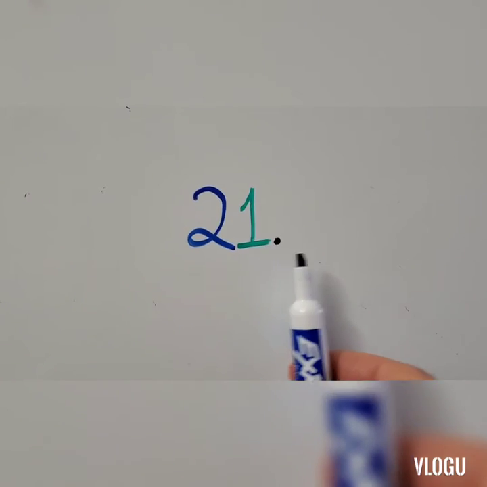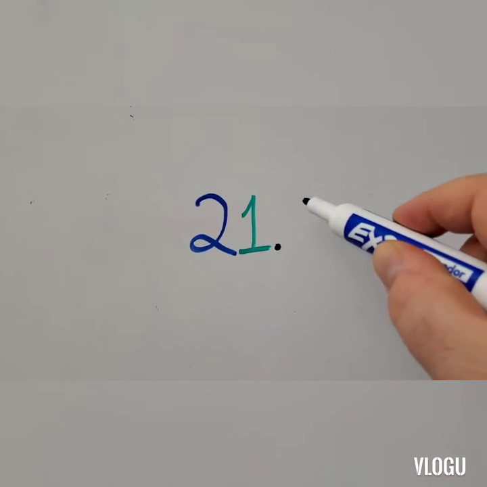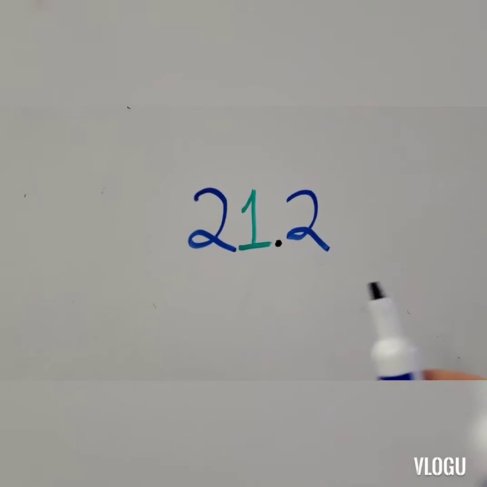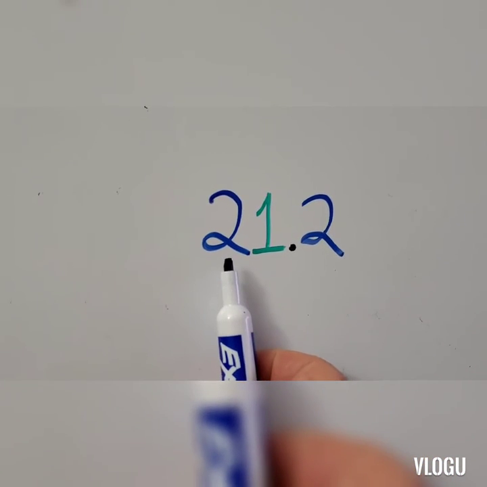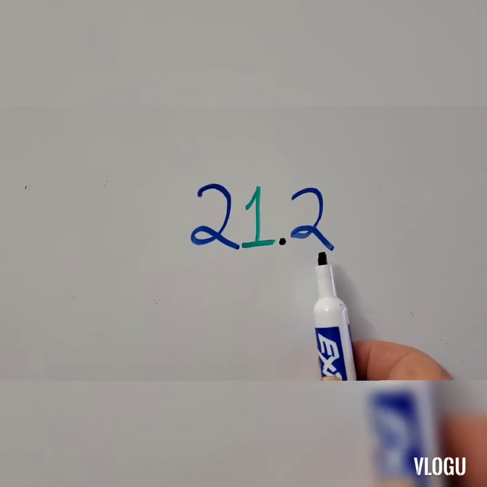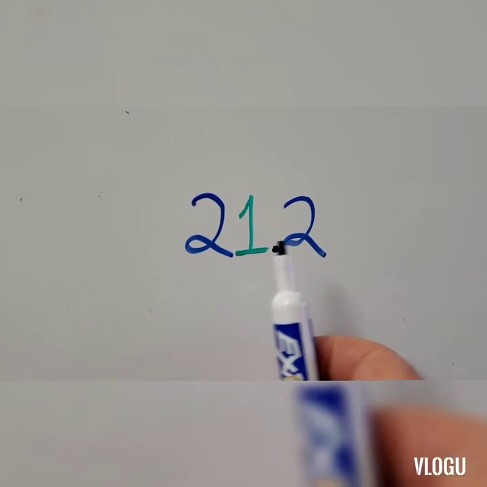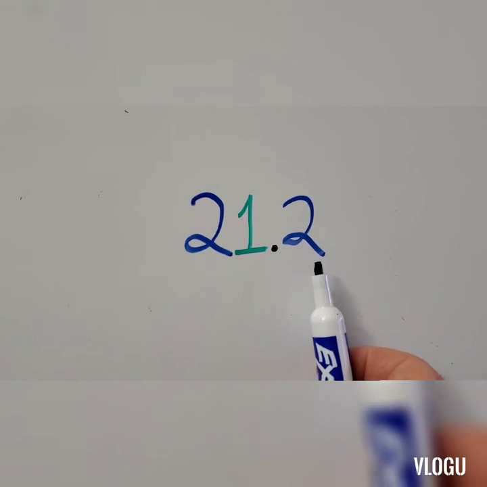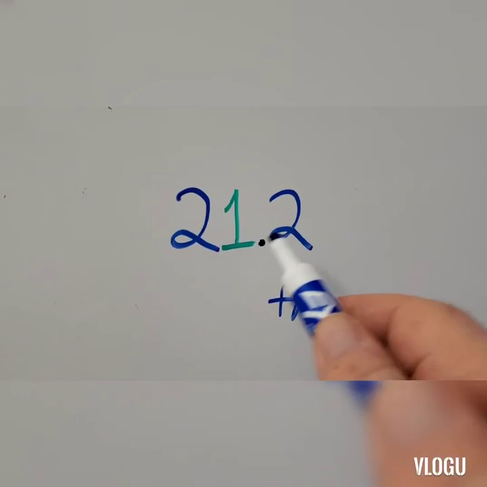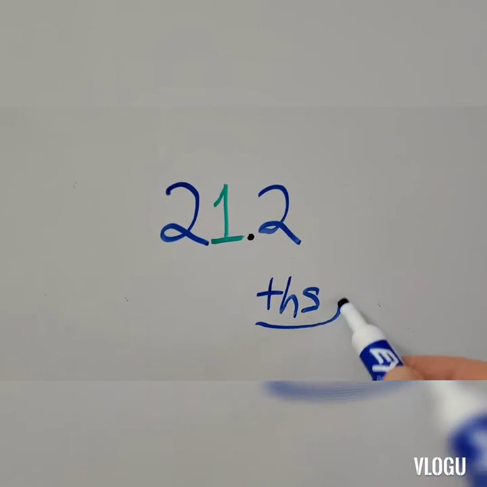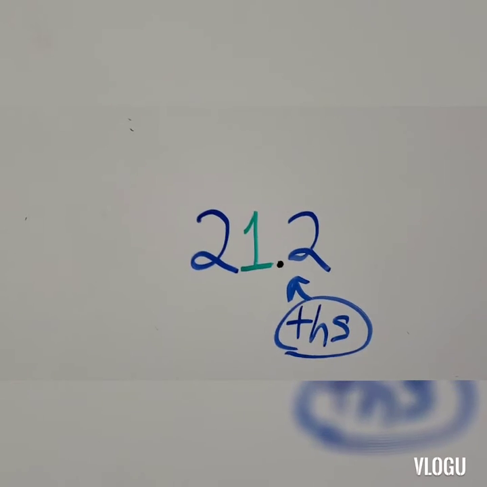But going the opposite way into the decimals would also be written as blue. And if this is a tens, this is a tenths. Tens, tenths. The THS at the end of the place value indicates a number that is a decimal.